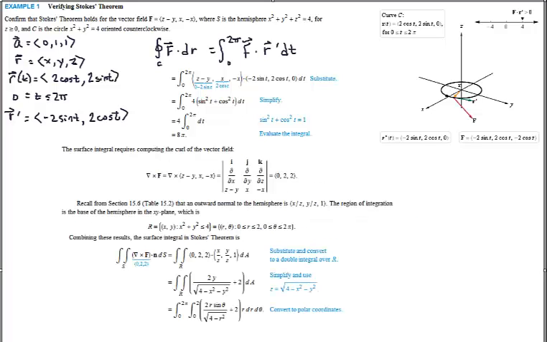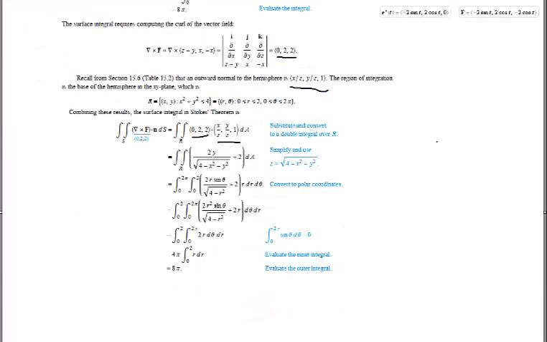In substituting into Stokes' theorem, we will take our cross product and do the dot product with our outward normal, as you can see here, and then we change to polar coordinates and integrate. Doing your integration, the result is 8 pi.